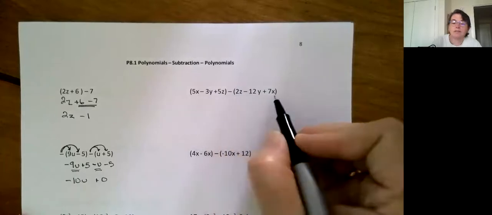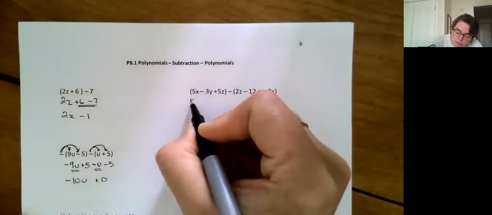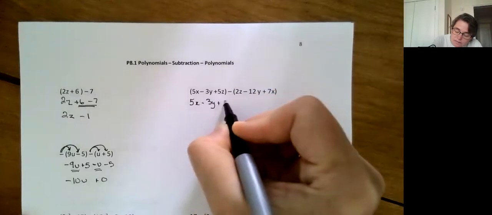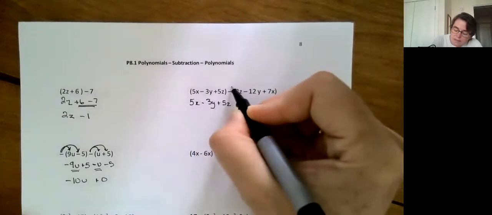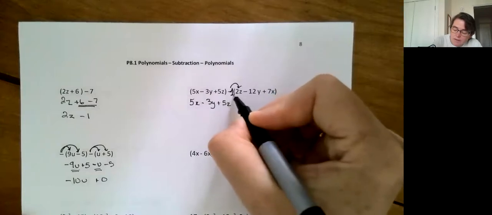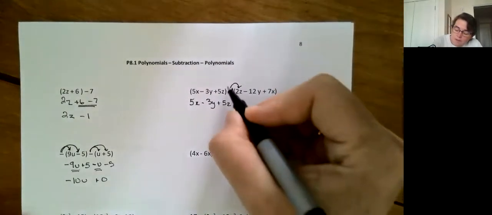Let's look at these ones over here. So I have to move my paper around. There's nothing out in front, so I'm just going to copy it down. And then we're going to distribute this. If it makes you happier, think that there's a little imaginary minus 1 there, and you're going to multiply that through.